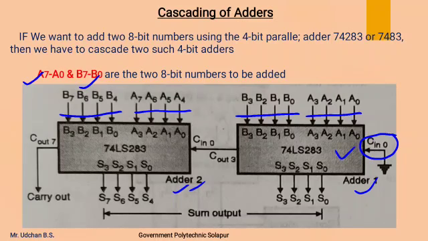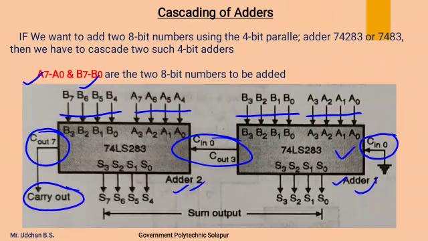The last carry output of the first 4-bit adder, adder 1, is connected as a carry input to the next 4-bit adder, adder 2. The carry output of the second 4-bit adder, adder 2, will be the final carry output.